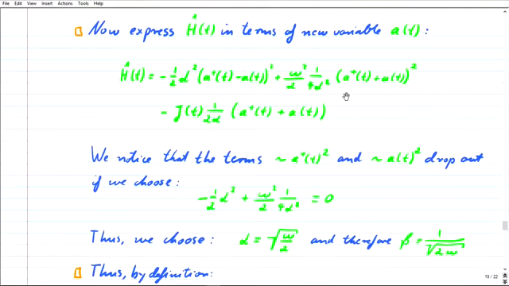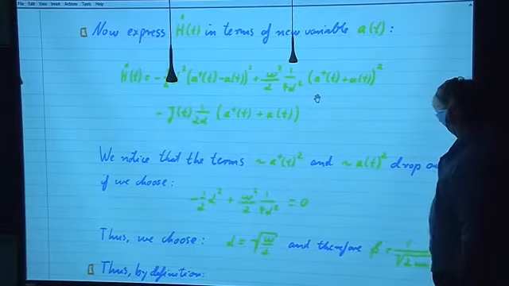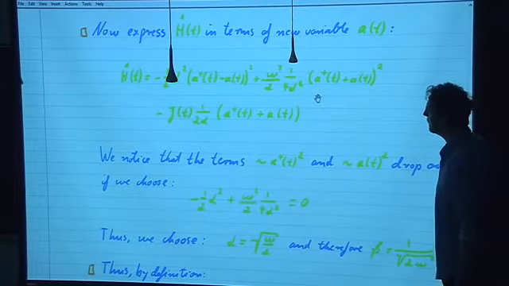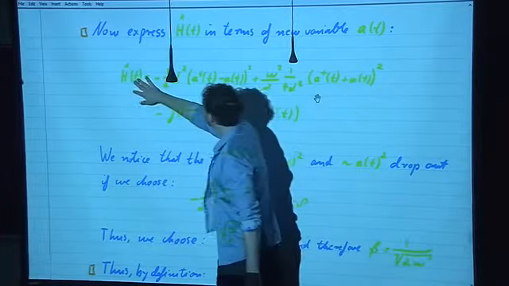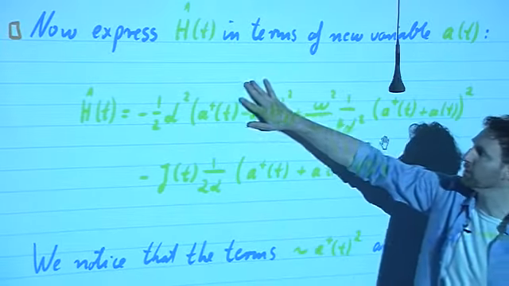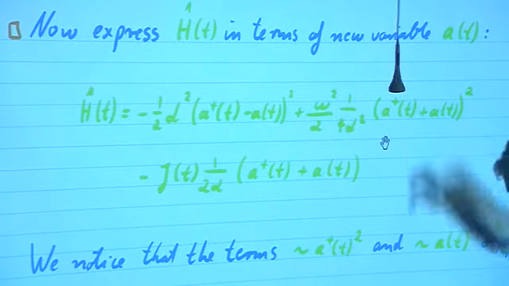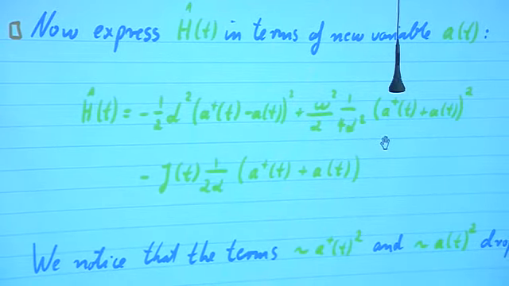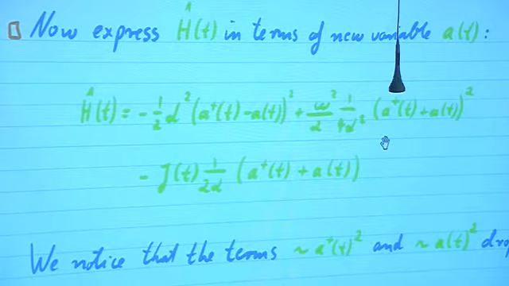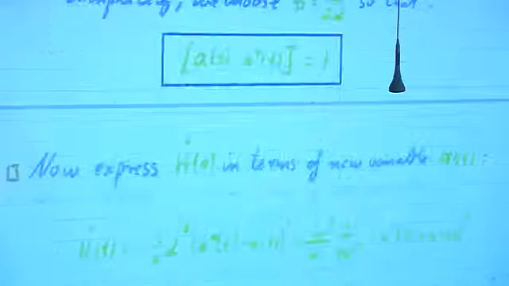Now we express the Hamiltonian in terms of the new variable a of t. This is a little messy, right? Remember that the Hamiltonian was given by p squared over 2, and also omega squared over 2 times q squared. So here's the Hamiltonian.